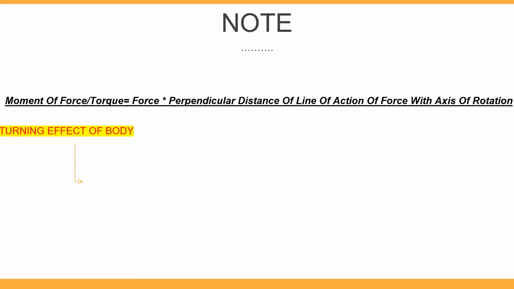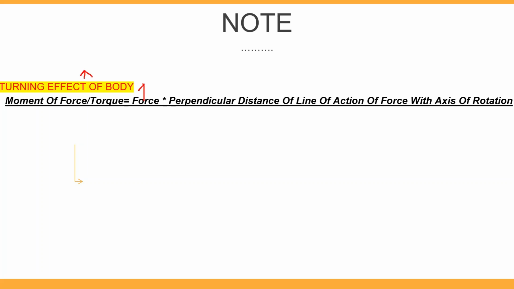We know that moment of force or torque is same as turning effect of the body. So for increasing the turning effect of the body, we can either increase force or we can increase the perpendicular distance. But if the force is fixed, how we can increase the moment of force? By increasing the perpendicular distance of line of action of force with axis of rotation.